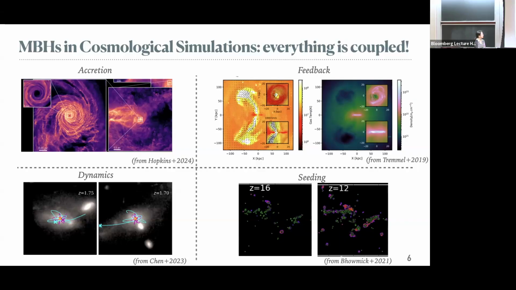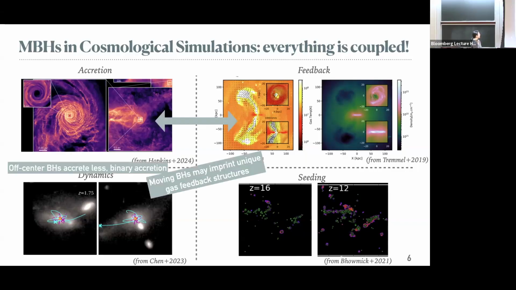Today I'll focus more on the dynamics since it is a very overlooked aspect. I will argue why it is important, why it matters to these other mechanisms if you care about them, and I will talk about the consequences. They are usually divided into different days or sessions in a meeting, but they are really coupled. For example, if you care about black hole accretion, but the black hole moves around instead of always staying at the galaxy center, then the gas inflow might be significantly different.